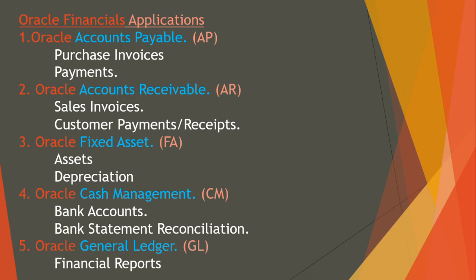All those functions are done under assets. Then at the same time, we create depreciation at a very high level. The major goal of Oracle Fixed Assets, you should just know, is about maintaining assets and calculating depreciation.